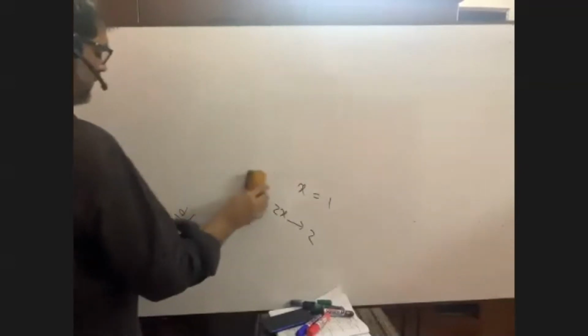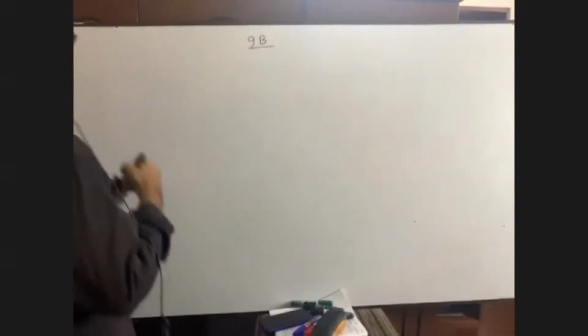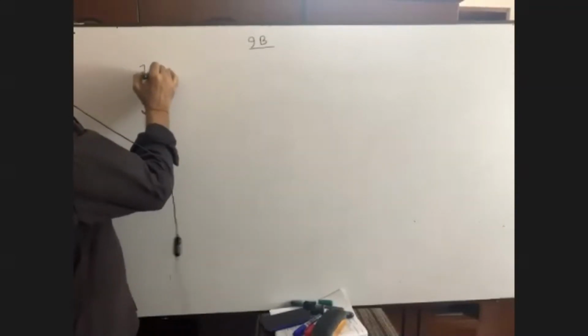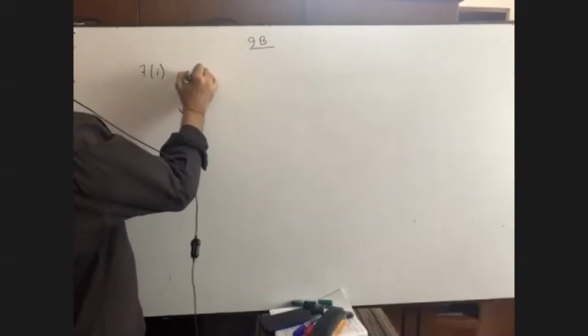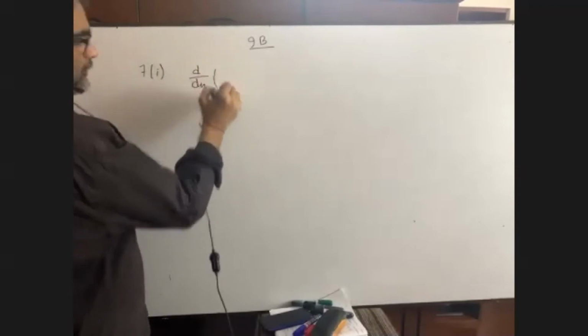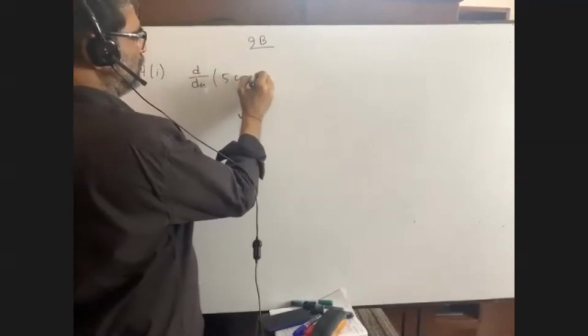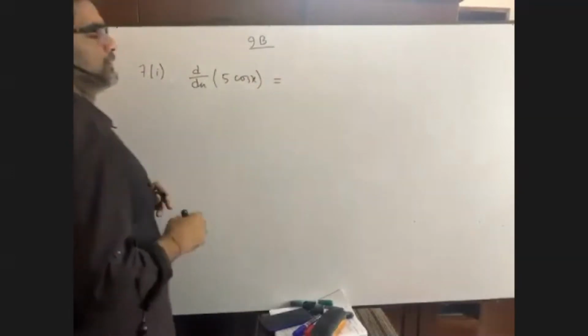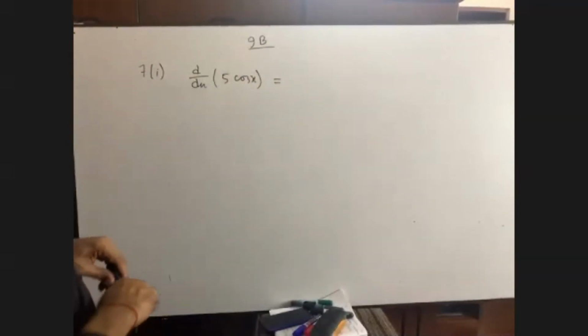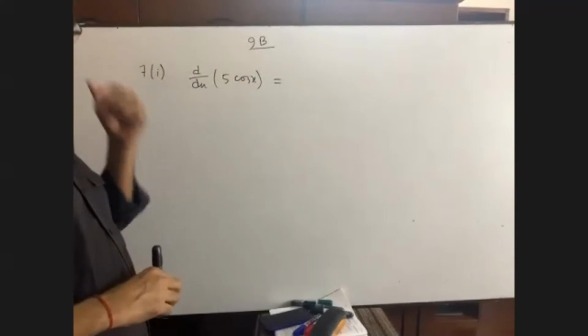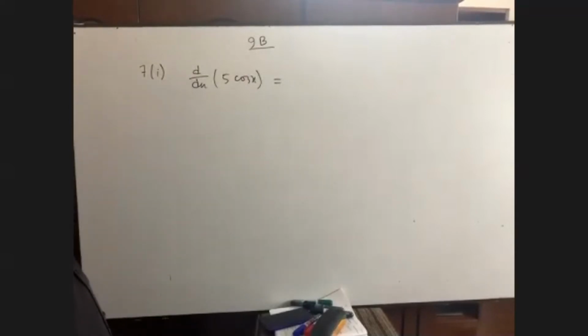I gave you some maths, but why didn't you do it? I'm going to do some maths from exercise 9B today. Number 1. Write down d by dx of 5 cosine x. Just let me know what our answer would be. Minus 5 sin x.